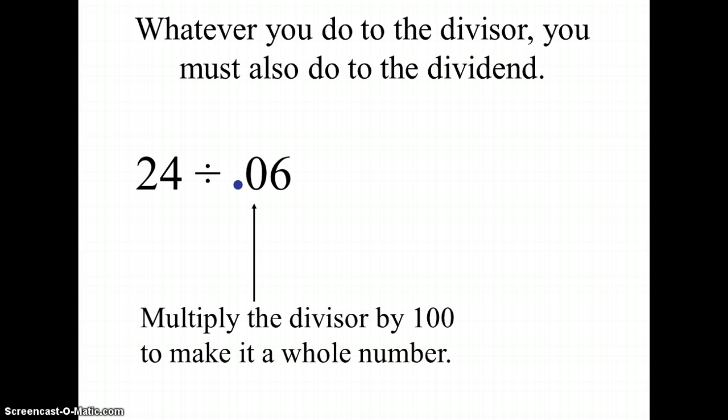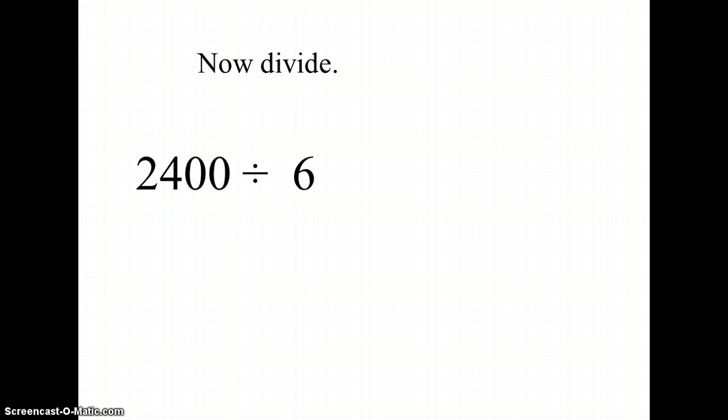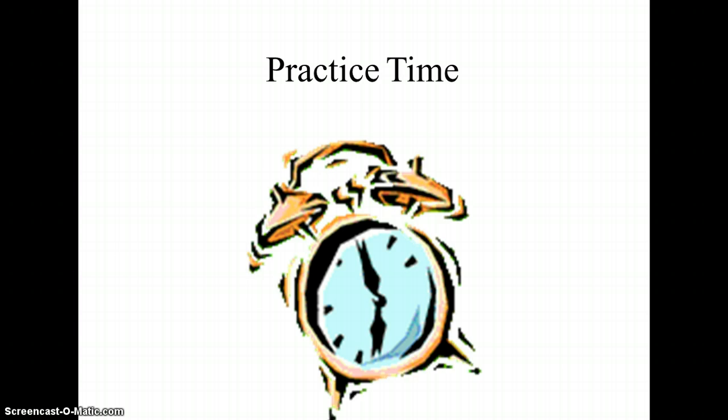And if I multiply the divisor by 100, I must also multiply the dividend by 100. So I would think of this problem as 2,400 divided by 6. When I divide that, I get 400. So 24 divided by 6/100ths is also 400.